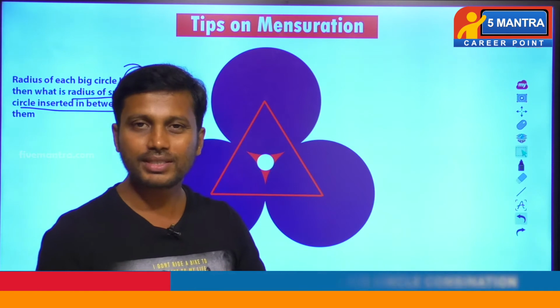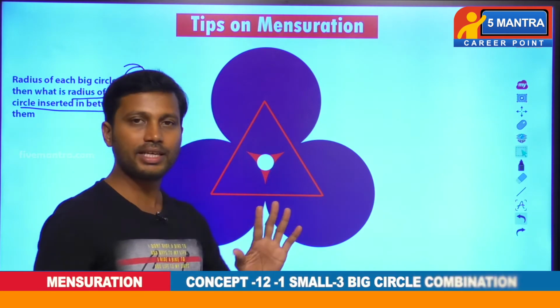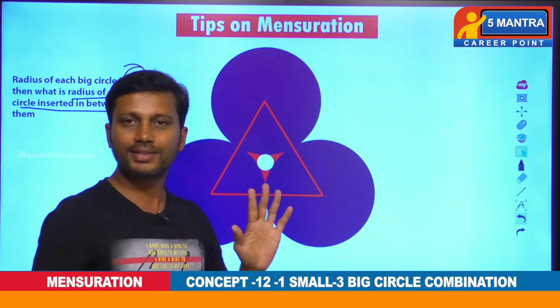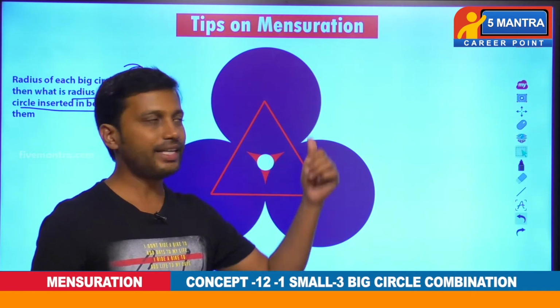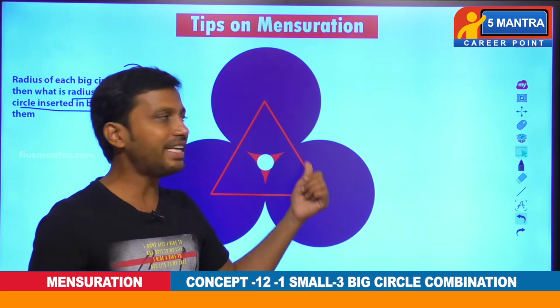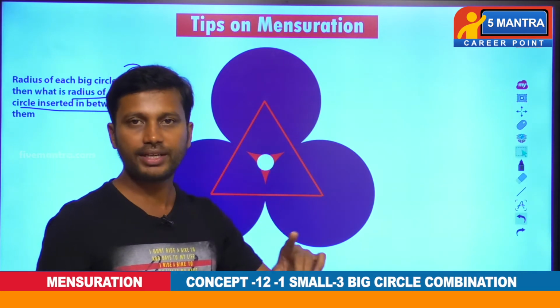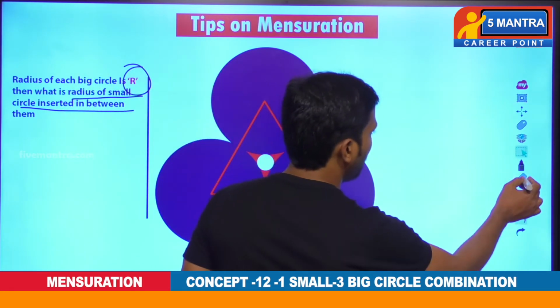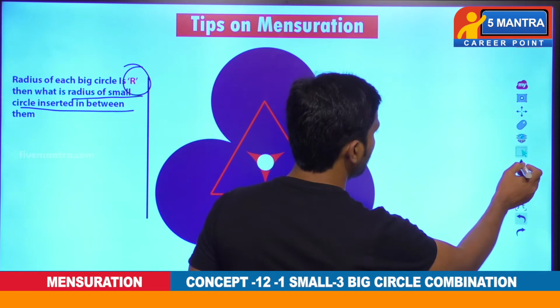As from the previous cases we know that this triangle is equilateral. Why? Because all the radii of the circles are same, equal. When the radii of all circles touching each other are same, then definitely the triangle formed will be equilateral. Let us write down the radii of each circle.